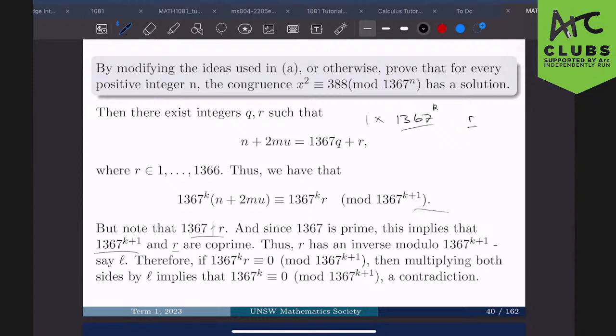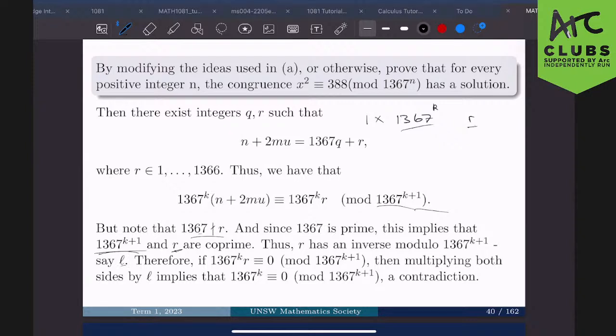Right. And because this mod and r are co-prime, there will be an inverse modulo, right? We just denote this as L, and then we can multiply both sides.